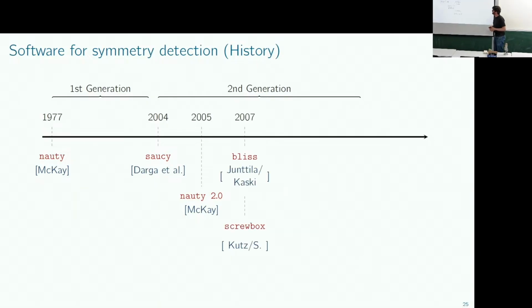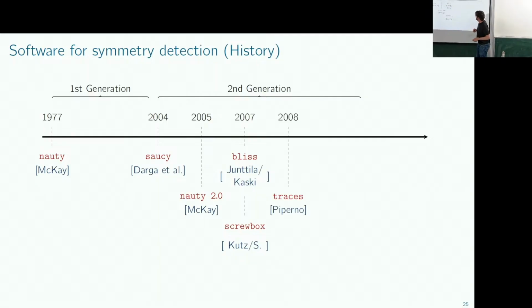There was a phase where there were several algorithms. My PhD thesis is in this, and Bliss by Tommi Junttila and Petteri Kaski, and then Adolfo Piperno came up with Traces. And Traces is for many graphs still the fastest algorithm. Actually, Traces and Nauty are usually distributed in a common package nowadays.